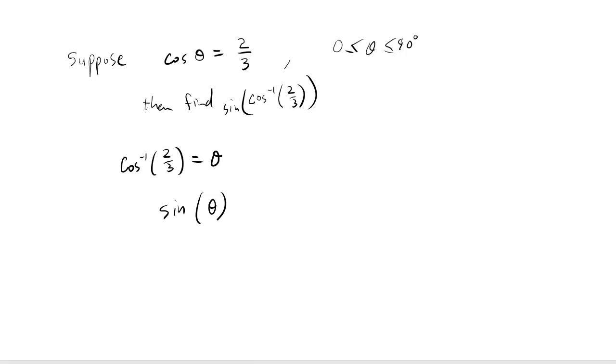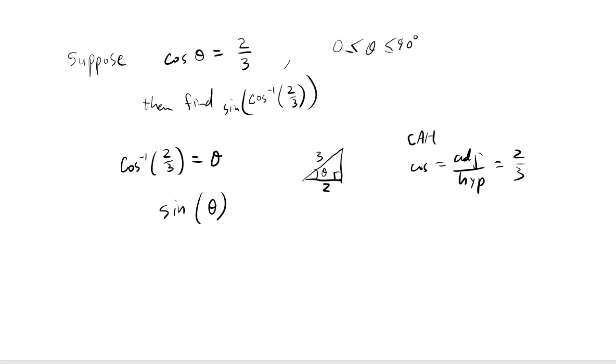Well, here's a nice trick. You draw a triangle, and let's say this is angle theta. SOHCAHTOA says cosine is adjacent over hypotenuse, and since that's 2/3, I can put 2 in the adjacent side and 3 in the hypotenuse side.